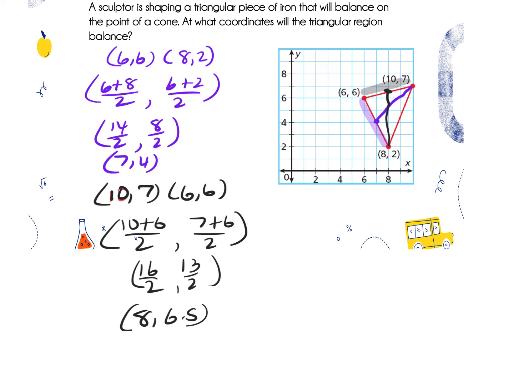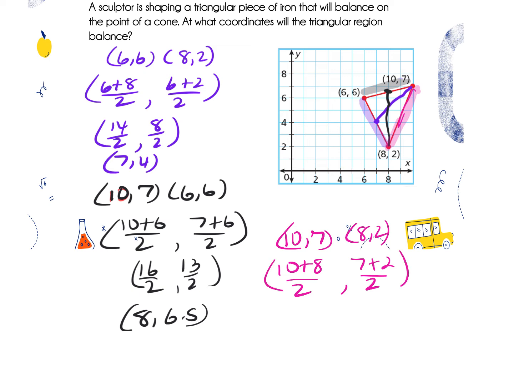And then lastly, I need to find one more midpoint and draw in that last median. So I can do this one over here. And again, those 2 ordered pairs are 10, 7 and 8, 2. 10 plus 8, divide by 2. 7 plus 2, divide by 2. 18/2, 9/2 gives me the ordered pair 9, 4.5.